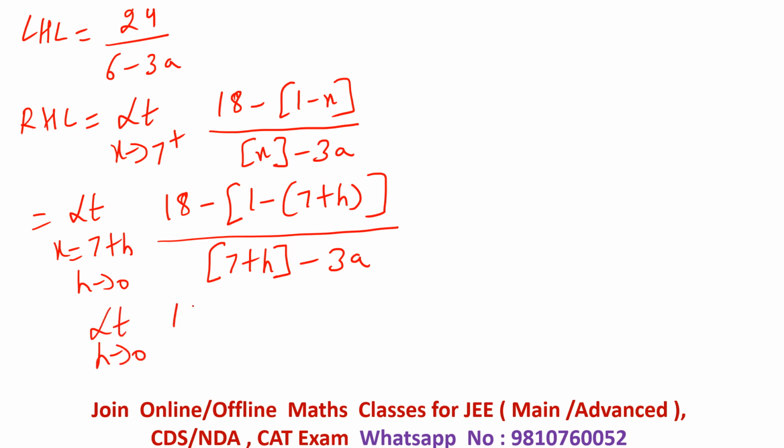Now in the numerator we have 18 minus GIF function of (minus 6 minus h), and in the denominator we just have 7 minus 3a. Why 7 minus 3a? Because the value inside the greatest integer function in the denominator is 7 plus h. That means a value little greater than 7. So obviously its greatest integer function is going to be 7.